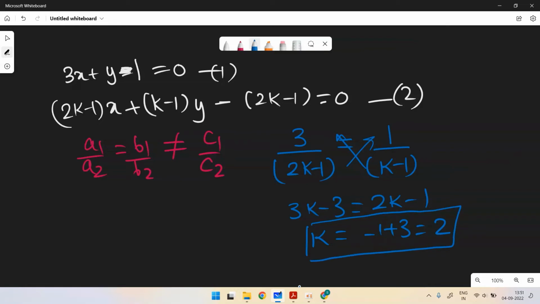Now since we get the value of k is 2, we still need to check that b1 by b2 should not be equal to c1 by c2. What is b1? b1 by b2 is 1 by k minus 1, which should not be equal to c1 by c2, that is minus 1 by minus of 2k minus 1.